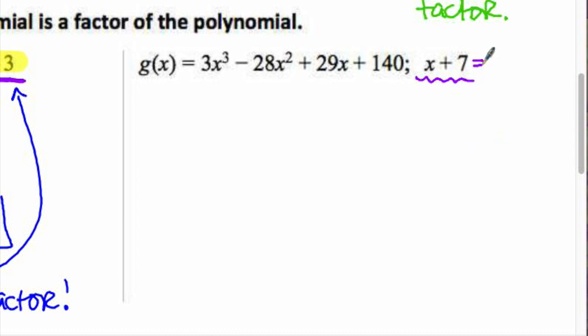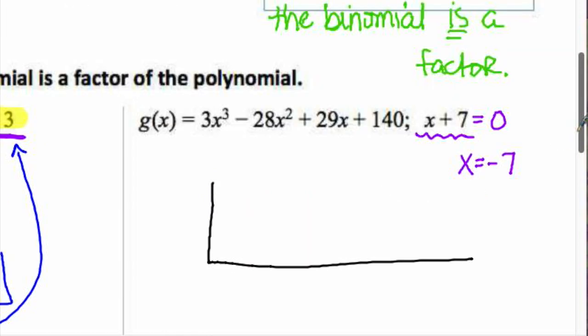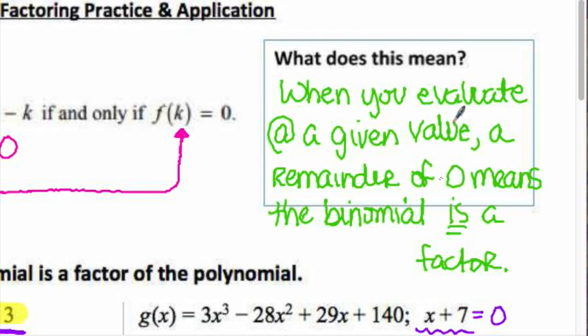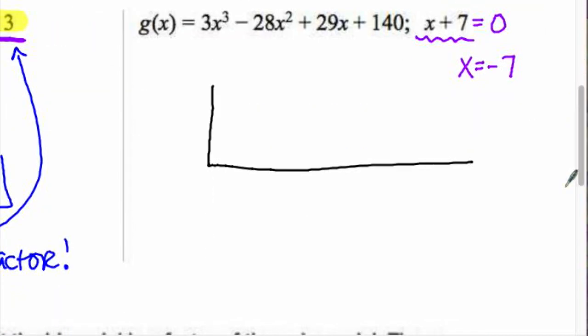So we take this guy, we set it equal to 0, and we solve it for x. So x equals negative 7. That is what we use in our synthetic evaluation. And then remember what I said up here is we want the remainder to be 0. So all we're looking for down here is, are we going to get a 0 right here?